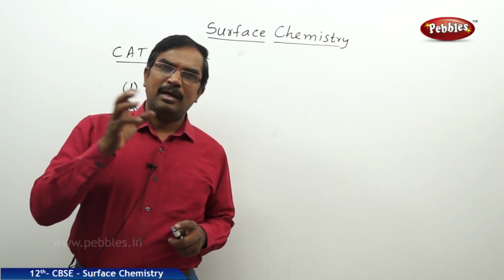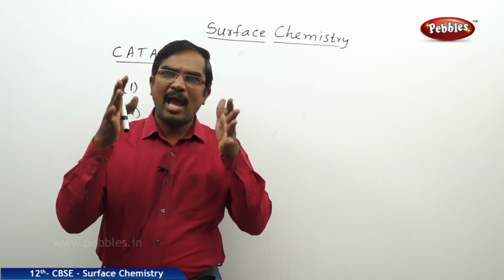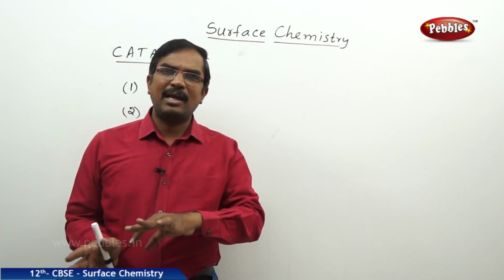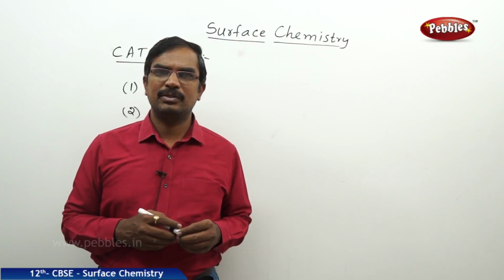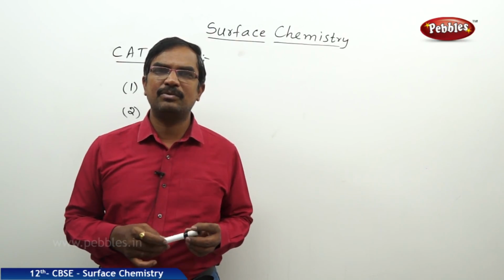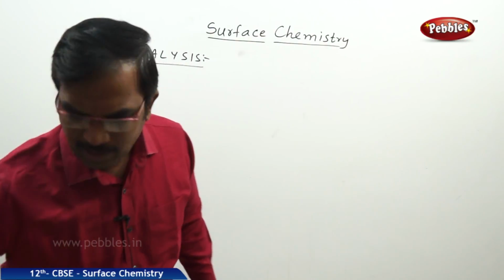Apart from this, as I already told you, we can use the positive catalyst or the negative catalyst as per the requirement. There are some important aspects, and one should have an idea about the characteristic properties of the catalyst.